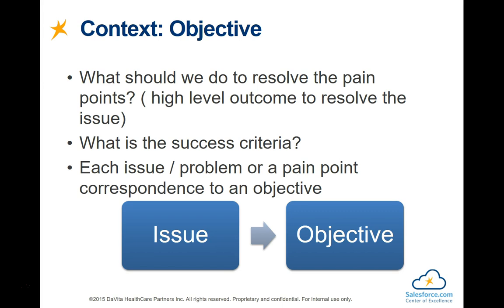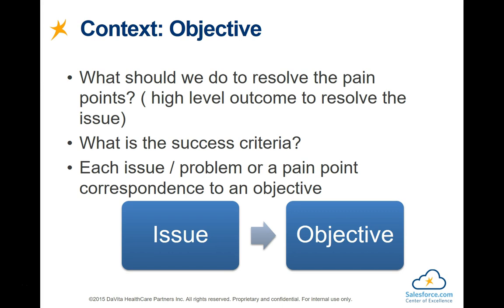This also determines the success criteria for that project. When they say, okay, this pain can be resolved if we have this solution, that also provides us with the success criteria of that project.